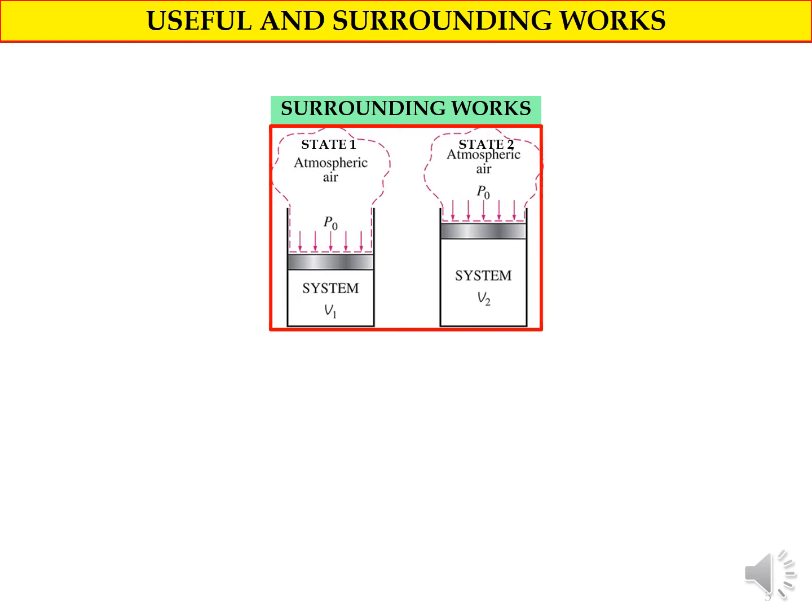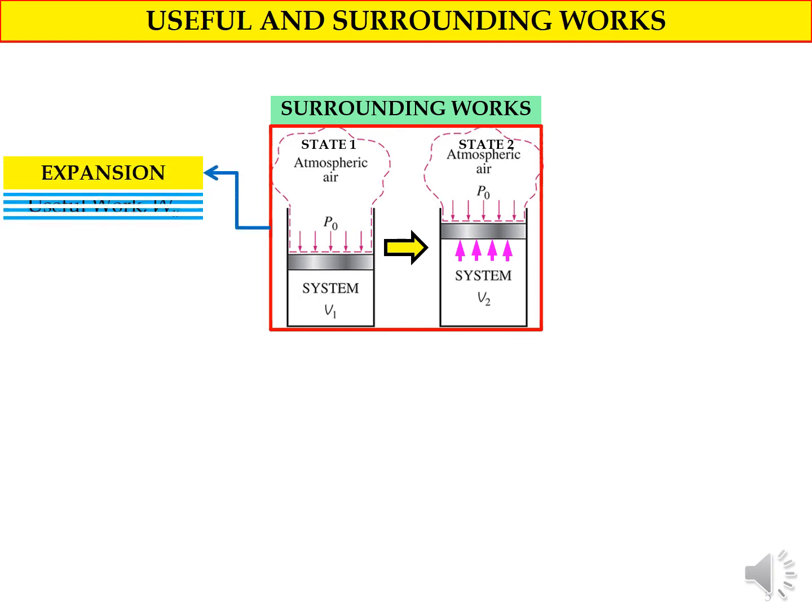Initially the system is at state 1, and then it changes to state 2. We have pressure applied to the cylinder that moves the cylinder up. This process is called the expansion.